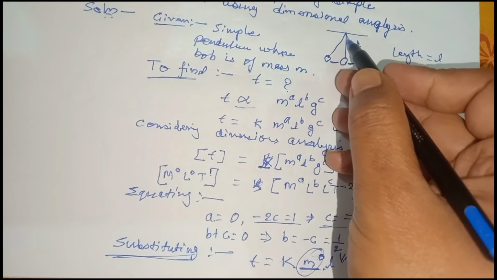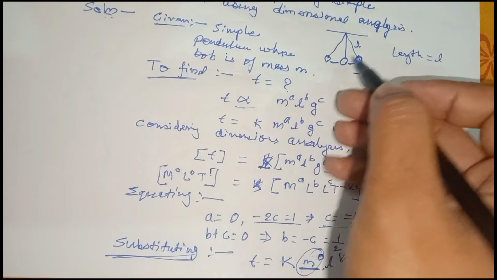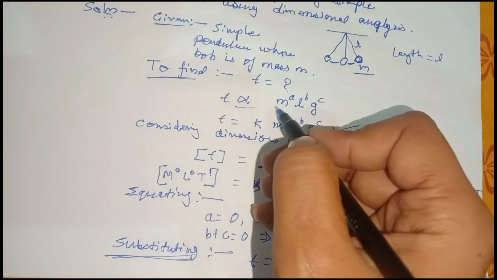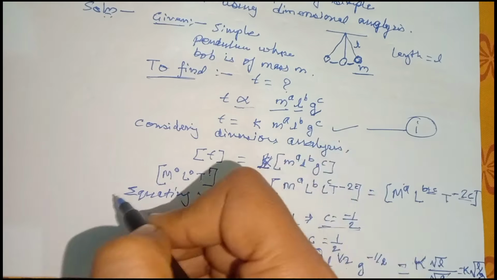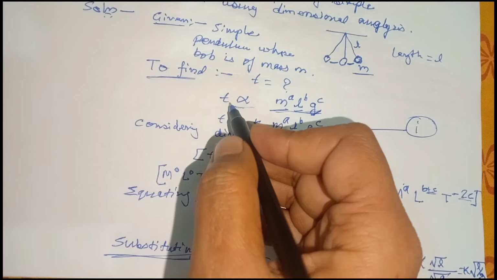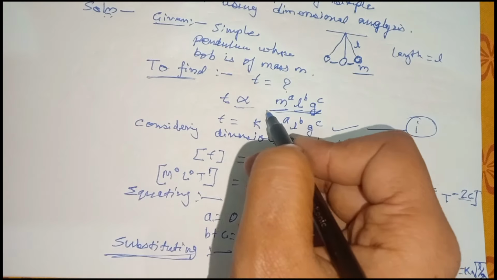Obviously it will depend upon the length of the string also. So we collected all the governing factors, that is mass, length and gravitational acceleration. So we wrote T is directly proportional to this.